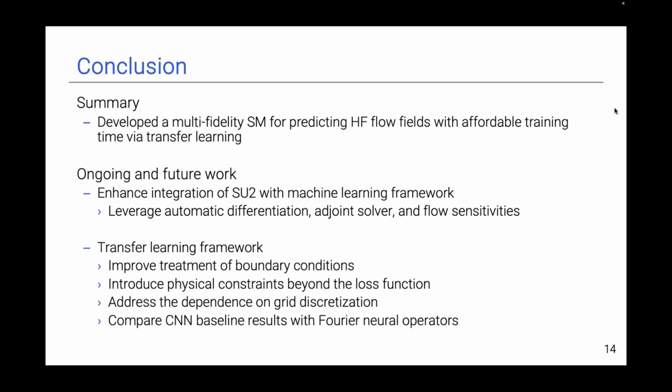So you get some savings from not having your entire training data set come from the high fidelity, but also from preserving some of the weights for the final network. So for future work, we will quantify the speedups.